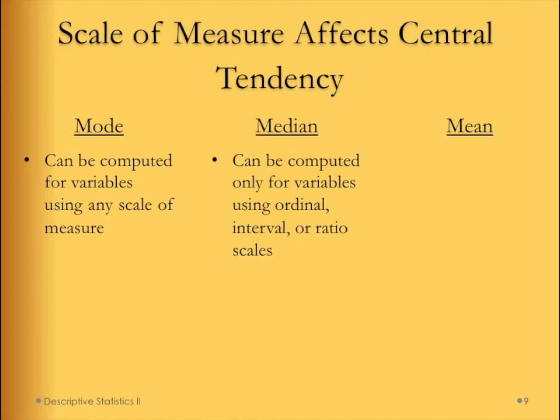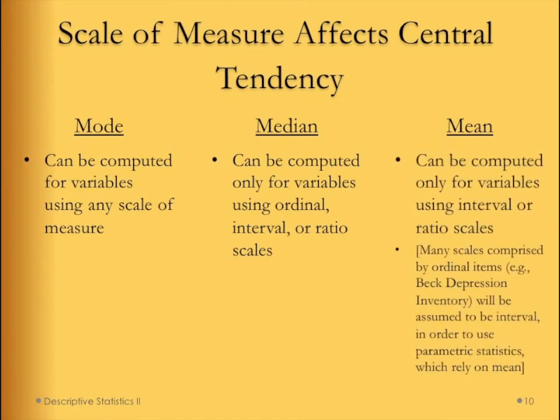Thus, we cannot compute the average socioeconomic status for participants when that variable is scored using an ordinal scale, such as lower, middle, and upper classes. A mean can be computed only for interval or ratio scales of measure.